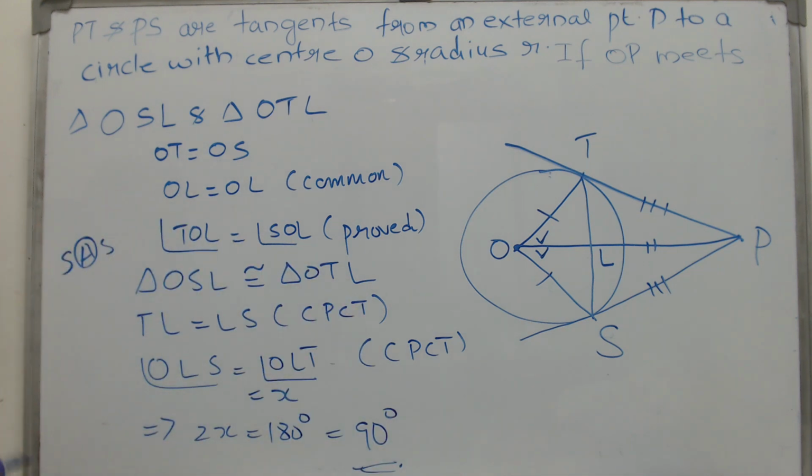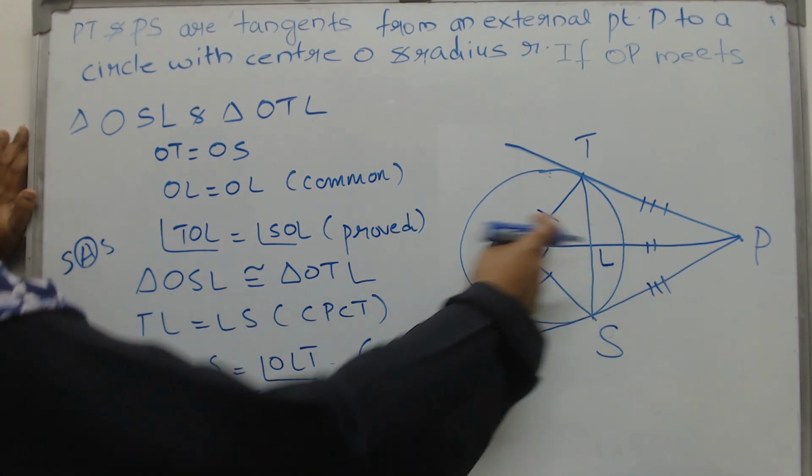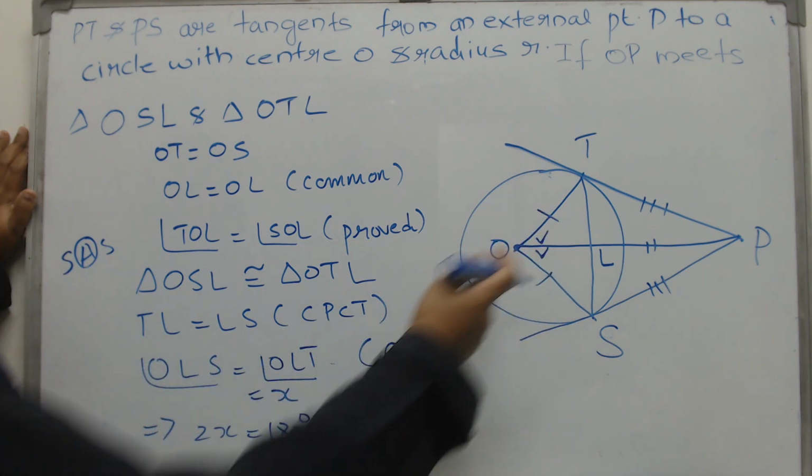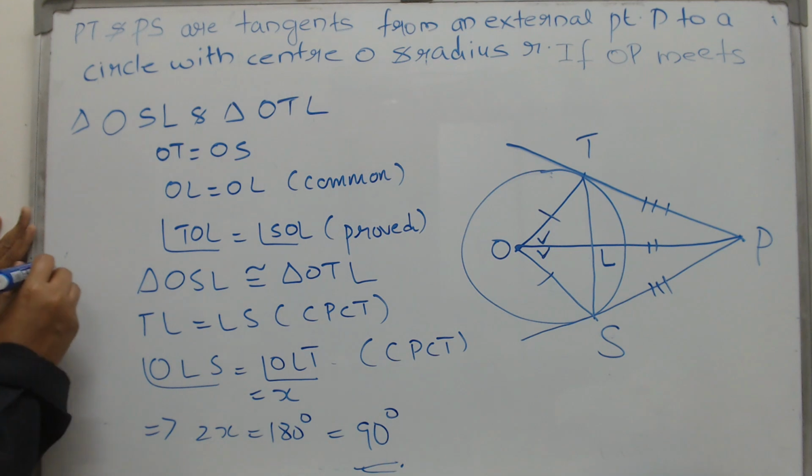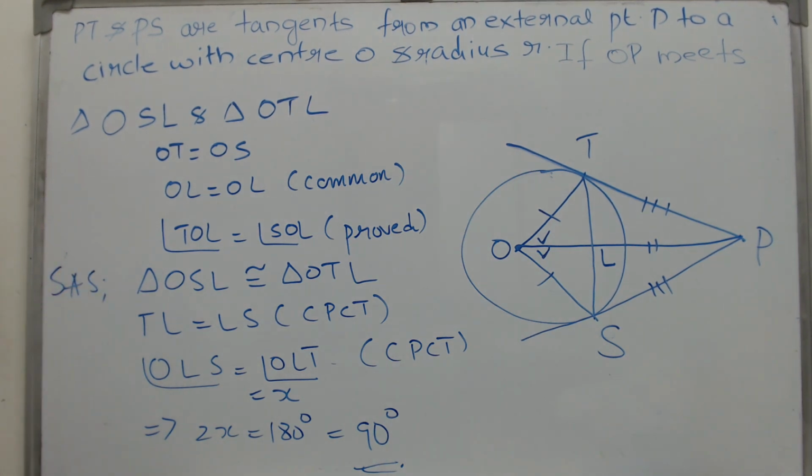Now return back to your original two small triangles. What do you have? Two radii equal, one common side, and the angle between them is also equal. By SAS congruence, these two are congruent, which means what?